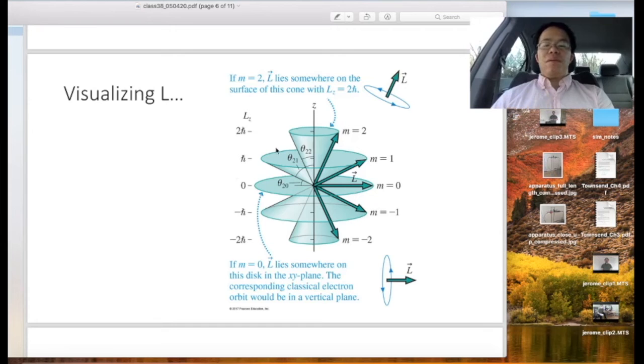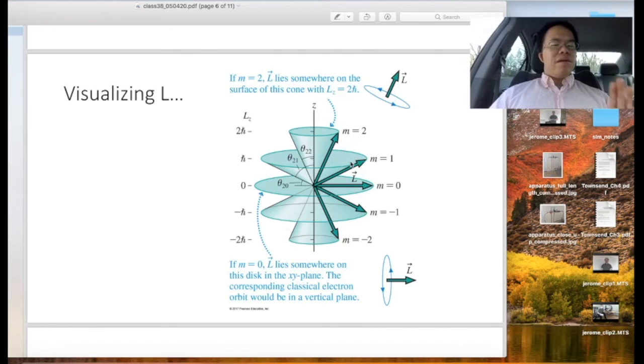If we know that we're in a state with a definite Lz, so in an energy eigenfunction where there's a definite value of m, there's an uncertainty associated with Lx and Ly. The takeaway is that we cannot know precisely both Lx and Ly, namely we can't precisely locate this vector in a particular direction. We can only say that it's somewhere on this cone.